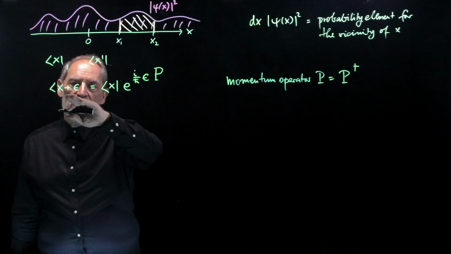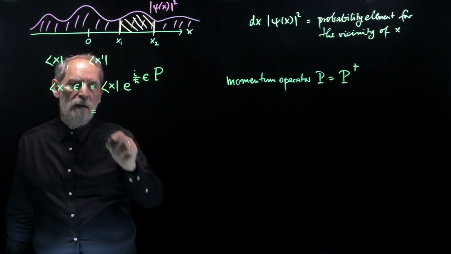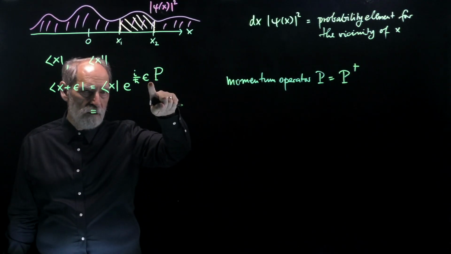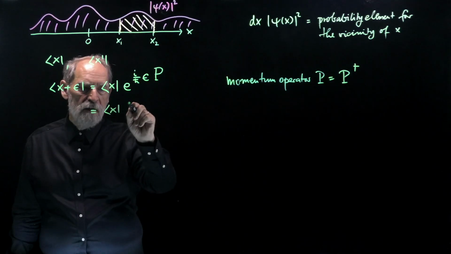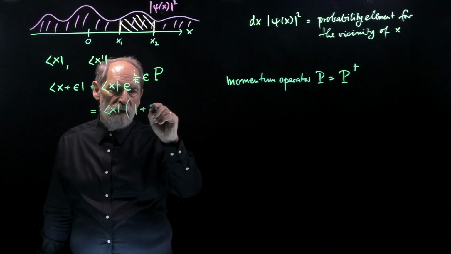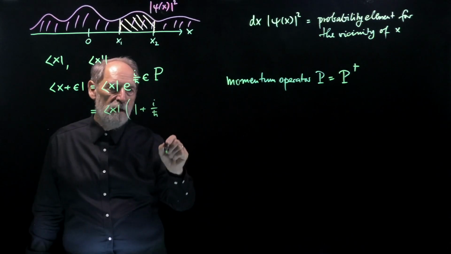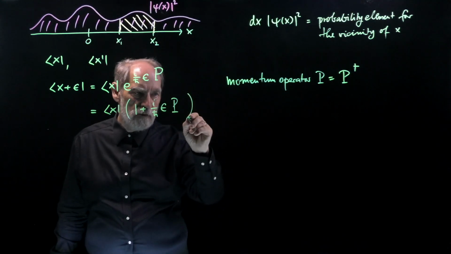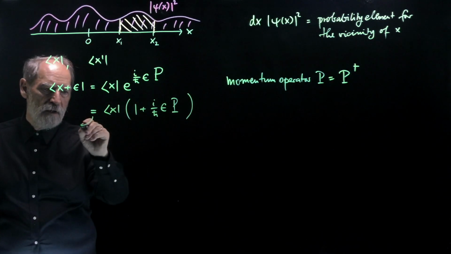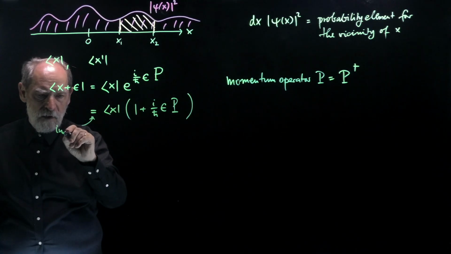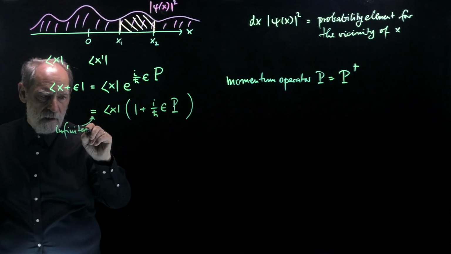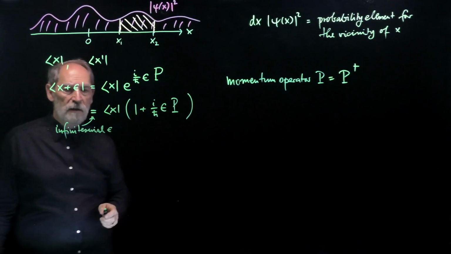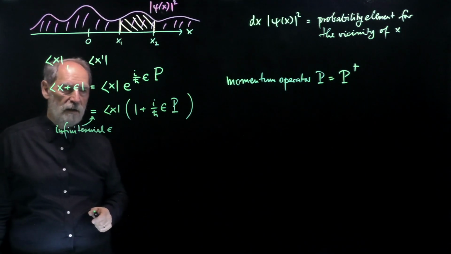Now, since we're looking at very small changes, I'm just taking this unitary operator to first order in epsilon. And then it will be x, and here we have 1, the identity, plus i divided by h bar, epsilon p, and then there are higher order terms which we are not interested in because we are looking at an infinitesimal, by which I mean a very small epsilon, a very small shift from x to a neighboring x.